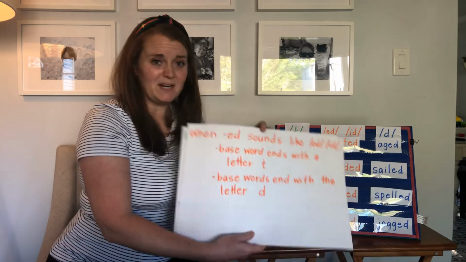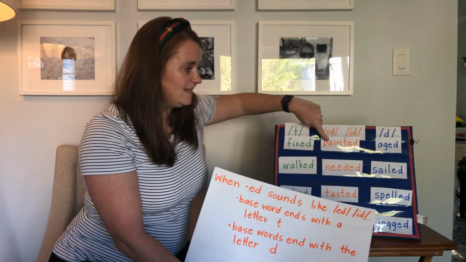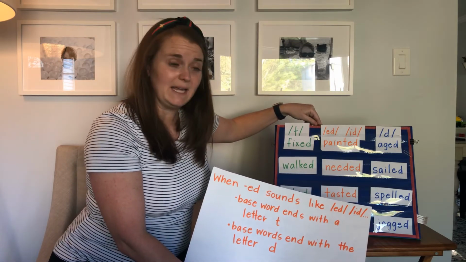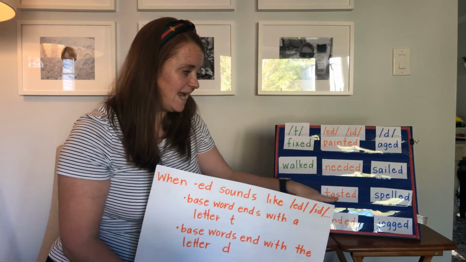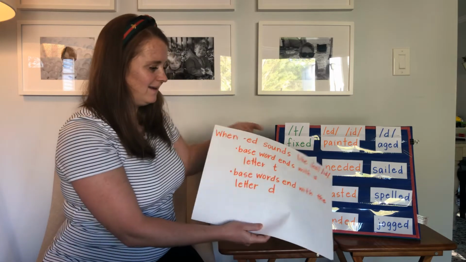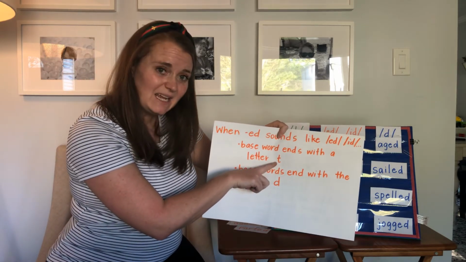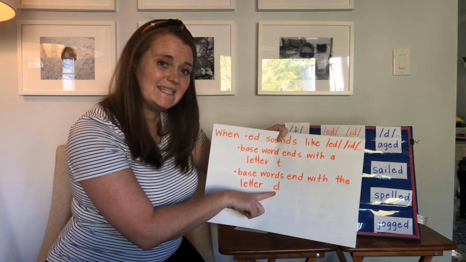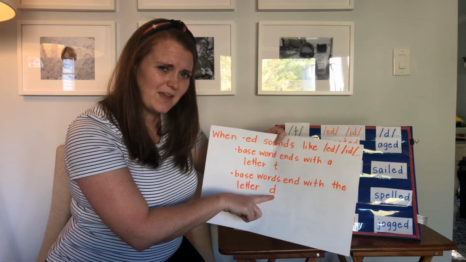And the last thing I wanted to share with you that I noticed. For the ending sounds that have ed or id, like painted, needed, tasted, ended, look at this. A base word either ended with a T or it ended with a D. Did you notice that too? I found that to be very interesting.